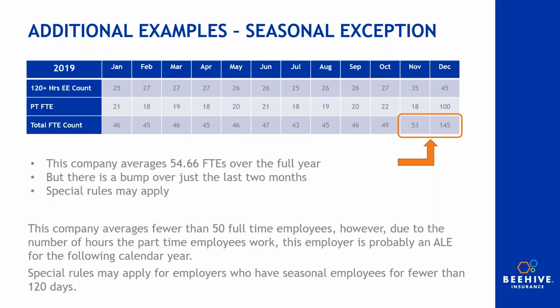So it really depends on what happens in January and February of the next year. And it ends up getting a little bit complicated. But we can see how some employers may encounter this, especially during the December holiday season with Black Friday sales and everything else that happens. So they may have an exception and they may not be considered an ALE, even though their average for 2019 is greater than 50. But again, if you find yourself in this situation, please discuss this with your account manager.